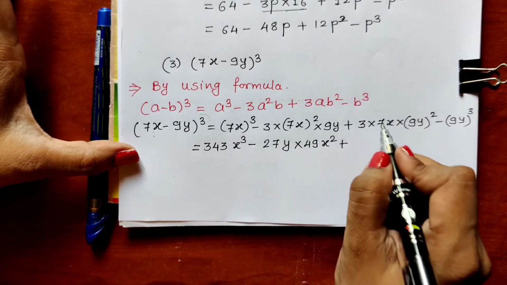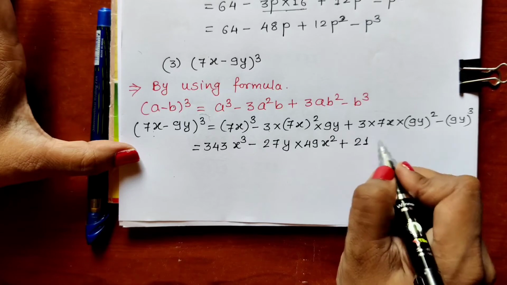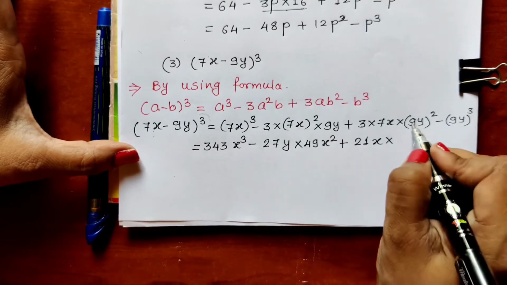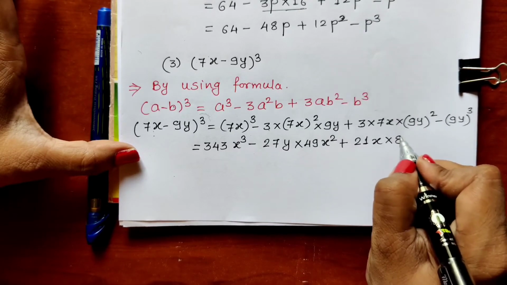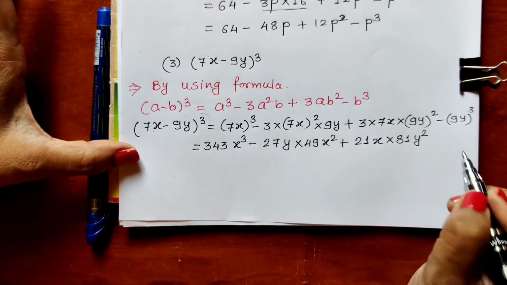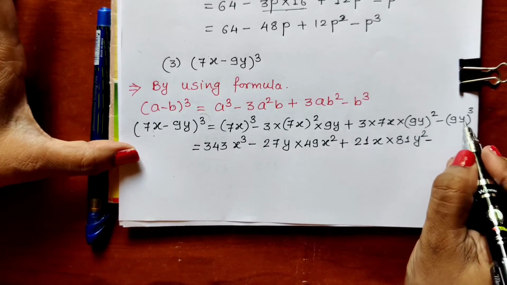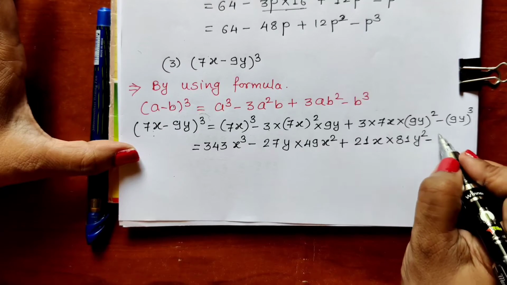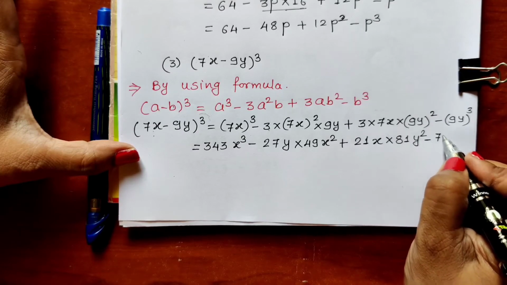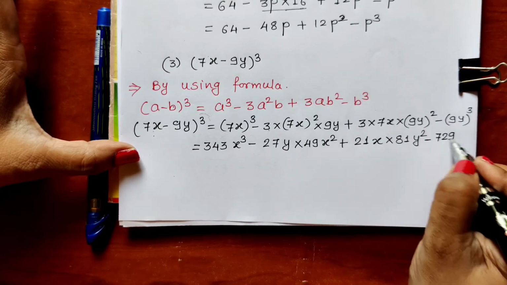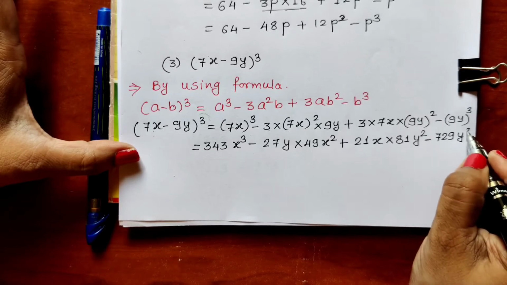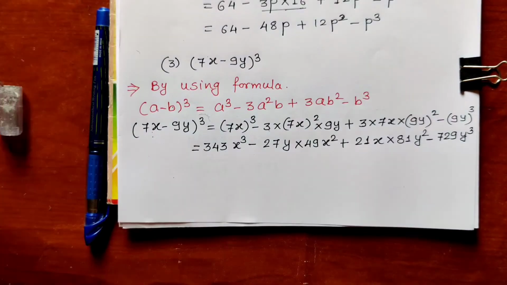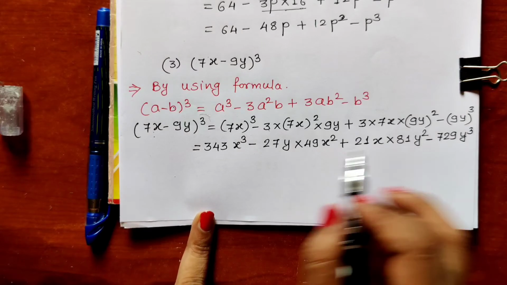Plus 3 sevens are 21x multiplied by (9y) square. 9 square is 81, square of y is y square. Minus (9y) cube: 9 cube is 729y cube.